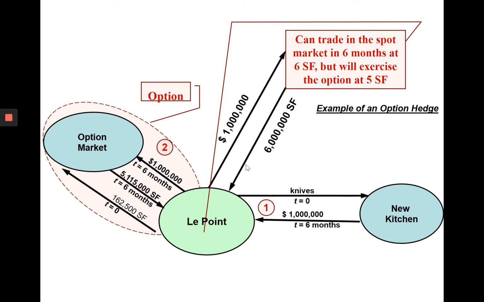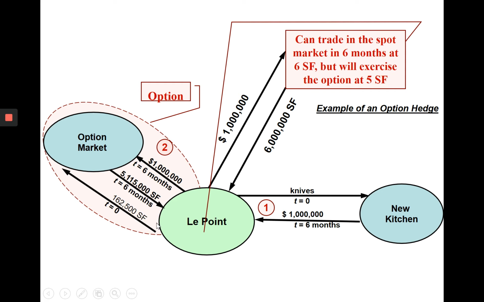But let's look at its benefit. Back to a picture on item number 1, which is very familiar to us. We have the Swiss company selling products to the Americans and receiving a promise of $1,000,000 in 6 months from now. And on item number 2, we have the Swiss company going to an option market and receiving this option but no obligation to pay $1,000,000 to that market in 6 months and receive 5,115,000 Swiss francs.